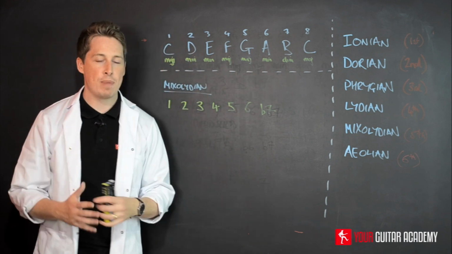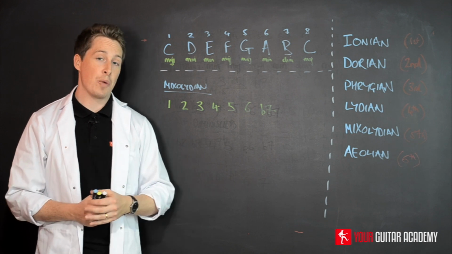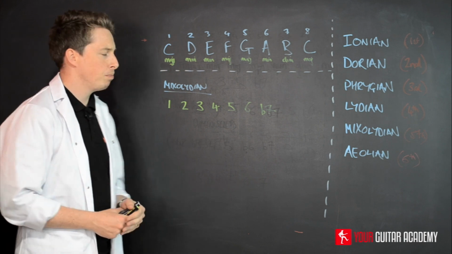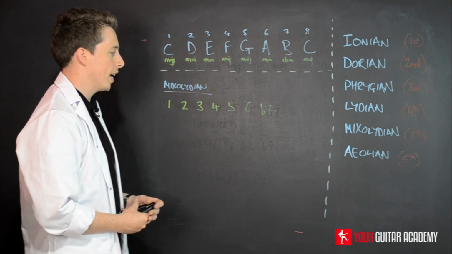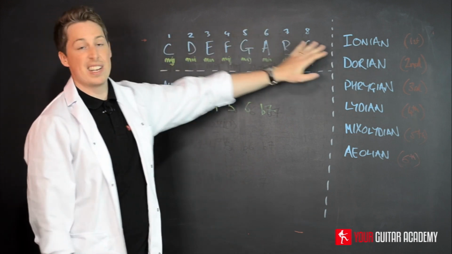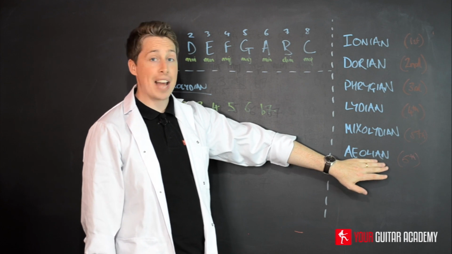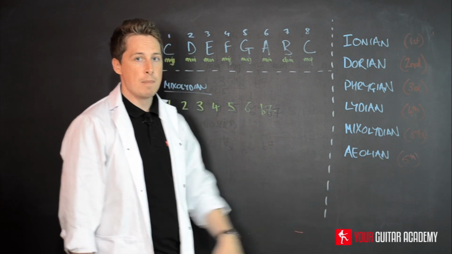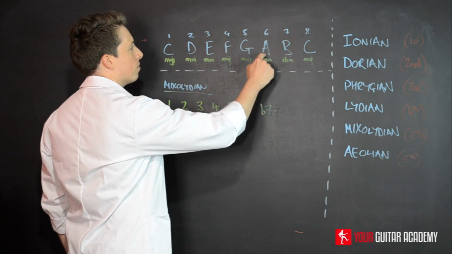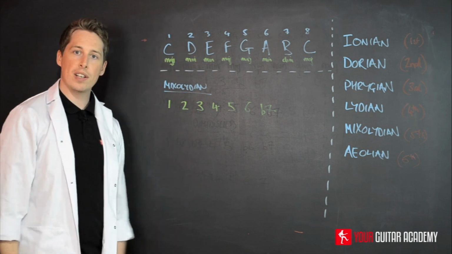Now, if you've been following through from the very beginning of this Theory Lab stuff, so when we first did the concept of a minor scale, you'll actually probably clue onto something here. That just like the Ionian is called just major these days, the Aeolian is actually just the natural minor scale, okay? Because we should know from way back when we looked at it, that if you start from the 6 and go all the way around, that's the natural minor scale, okay?